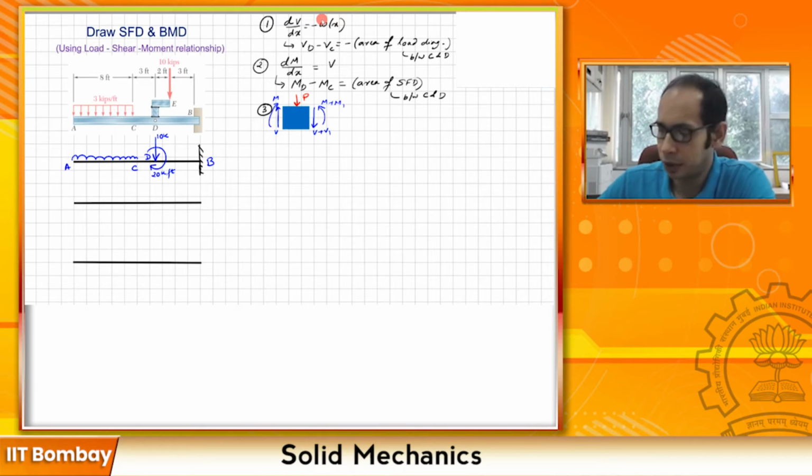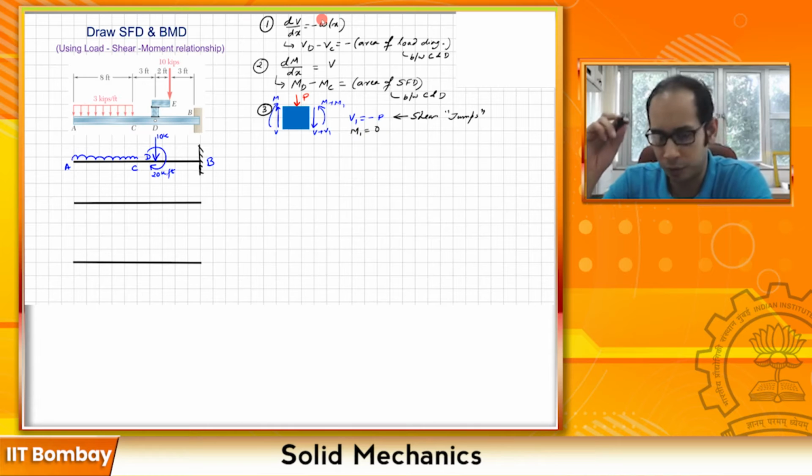What we found in this one is that V1 was equal to minus P. So that meant the shear undergoes a jump. And M1 was equal to 0, so there is no change in moment when you have a point load.